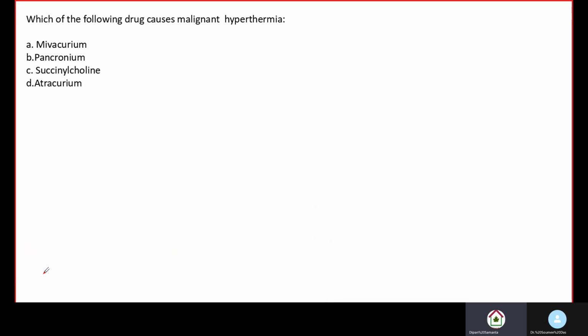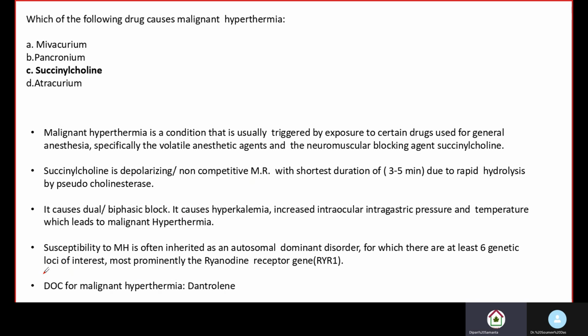Next question. Which of the following drugs causes malignant hyperthermia? Mivacurium, pancuronium, succinylcholine, atracurium. The answer is succinylcholine. Malignant hyperthermia is a condition usually triggered by exposure to certain drugs used for general anesthesia, especially the volatile anesthetic agents and neuromuscular blocking agents such as succinylcholine.